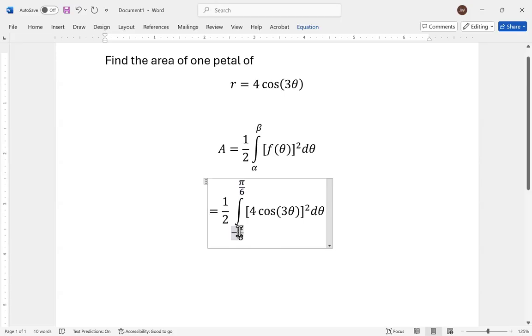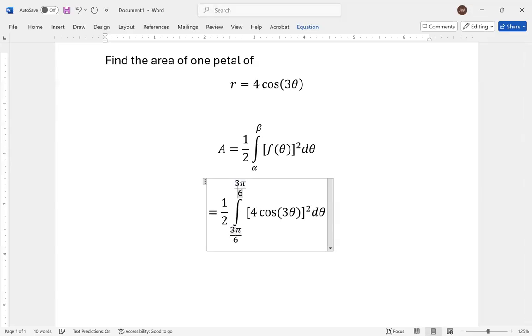And then if I went from a positive pi over 6 to 3 pi over 6, that would trace out the second loop. And then if I went from 3 pi over 6 up to 5 pi over 6, that would trace out the third loop. And in any of those integrations, you should end up with the same number.